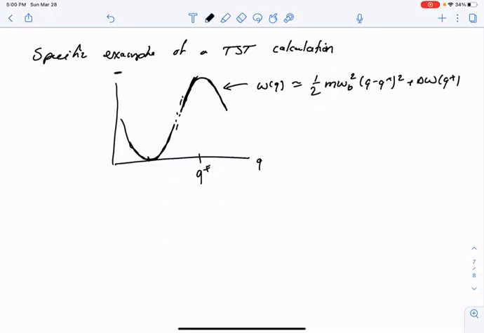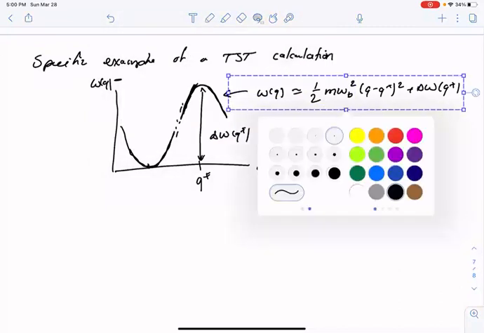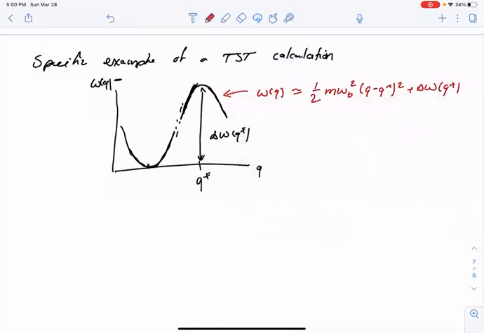And in the vicinity of the basin A, let's assume that omega of Q is well approximated by another harmonic function with some different characteristic frequency, omega naught, (Q less QA) squared.